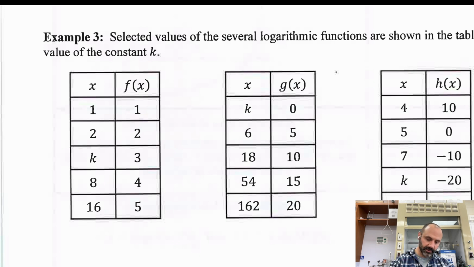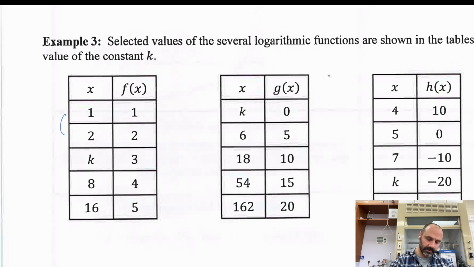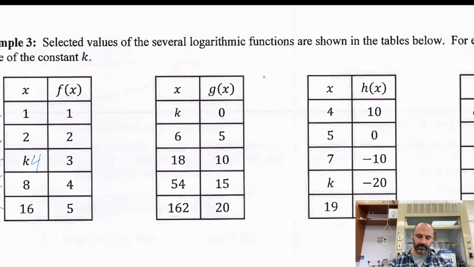And so this is a difference of 1. We don't know what the difference is between 2 and k. The difference between 8 and 16 is 8. So this could be a difference of 2, difference of 4. So it's changing multiplicatively by multiplying by 2. So in that case, 2 times 2 would be 4, and then 4 times 2 would be 8, and that makes sense.